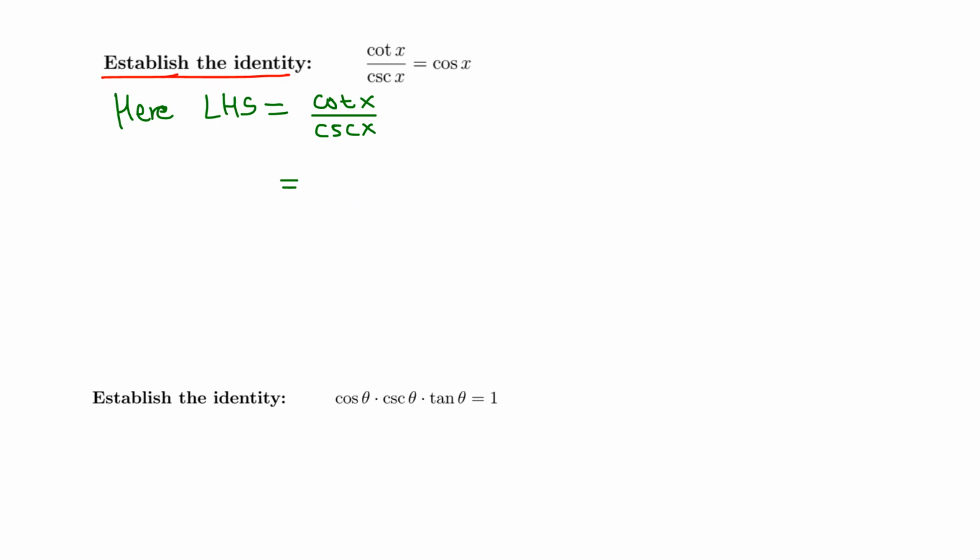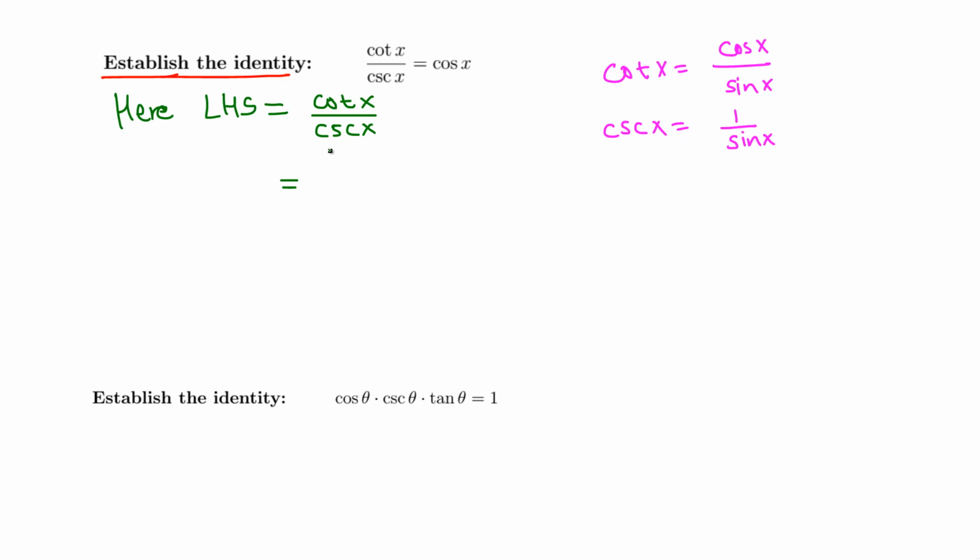So we got cotangent, and we know that cotangent is the reciprocal of tangent, 1 over tangent. Better we write in terms of sine and cosine, so it will be cosine over sine. And on the bottom we got cosecant, and cosecant is in fact the reciprocal of sine, so 1 over sine.